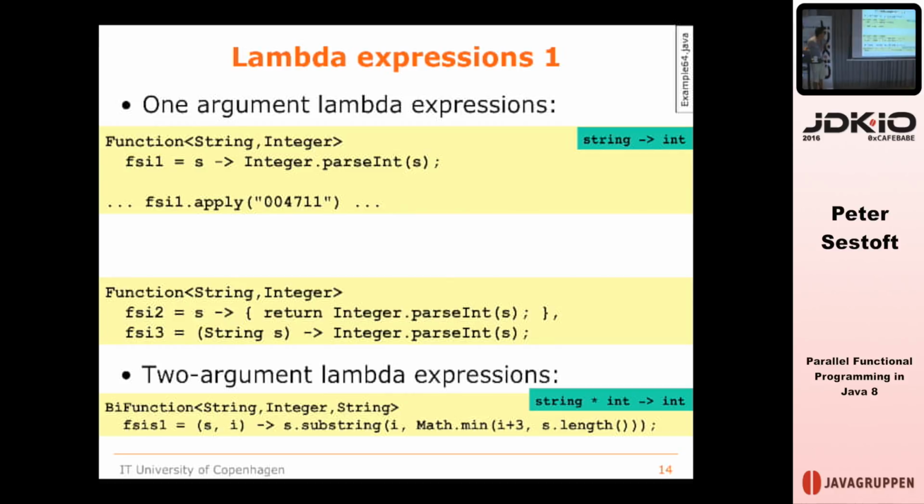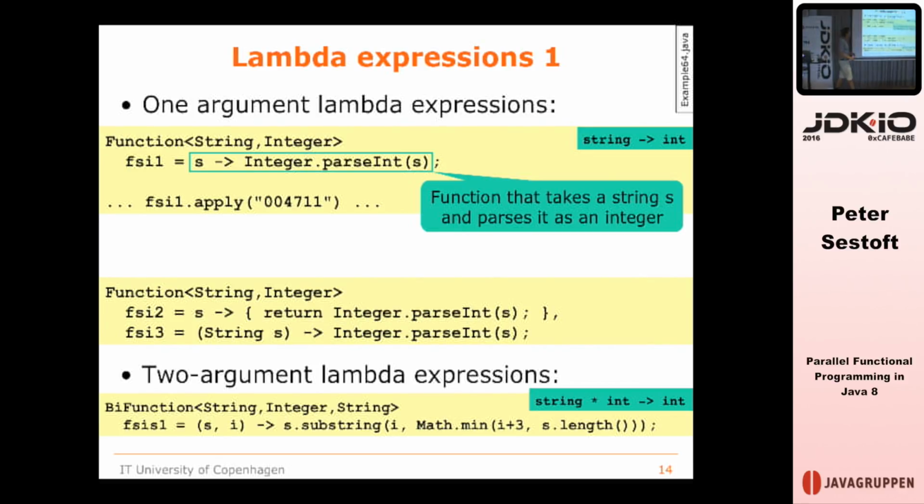Okay, let's get a little more into functional programming here. So we already saw something like this here, a function that takes an argument s and returns the result of parsing this. So the thing in the box is a function. It's an expression, first of all.